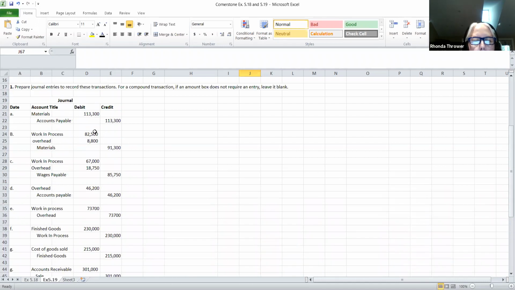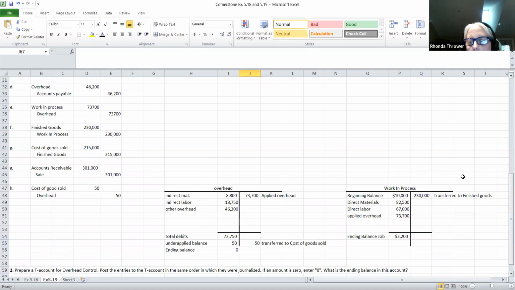Each time the work in process was debited, we debit the work in process account. So we debited it for materials, we debited it for labor, we debited it for applied overhead. Then we credited it for our finished goods. So this was the beginning balance, materials, labor, and overhead, and what we transferred out.